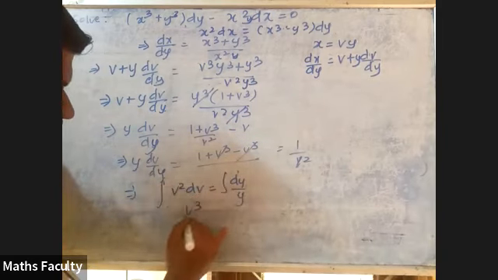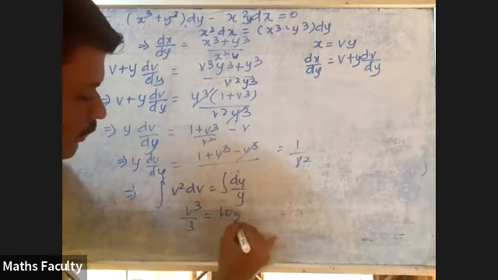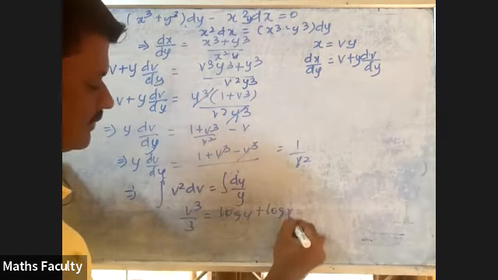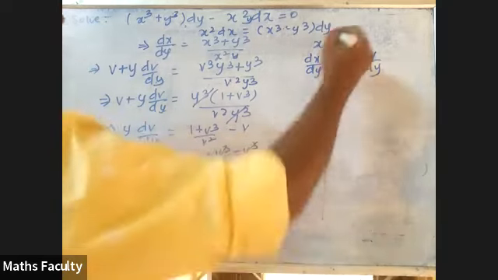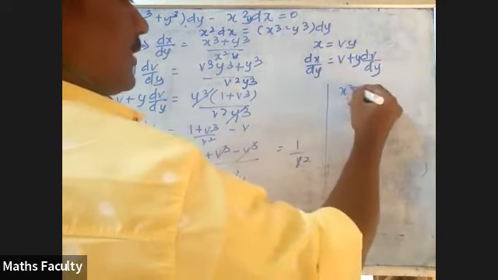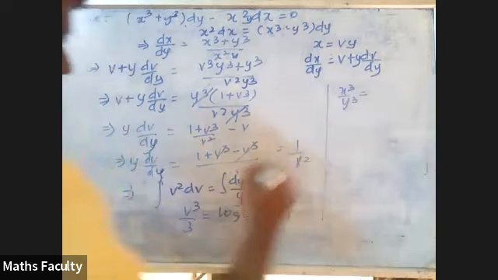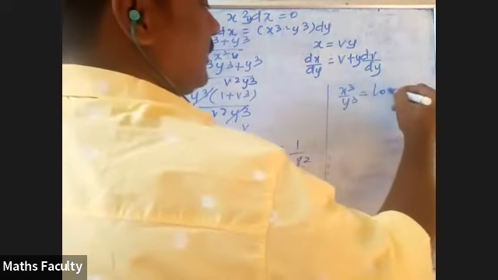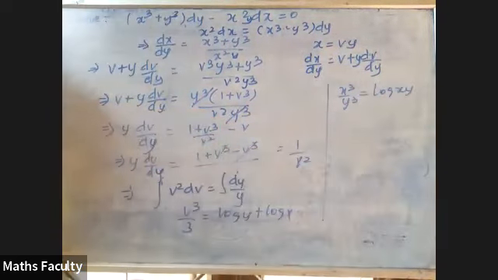Integrating on both sides, we'll get v cube by 3 is equals to log y plus log c. So I can write v cube's value as x by y. Then x cube by y cube, which is equals to log xy. So that is the answer. Please take down.